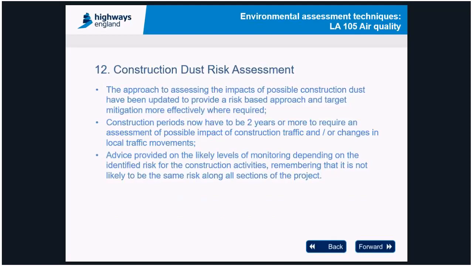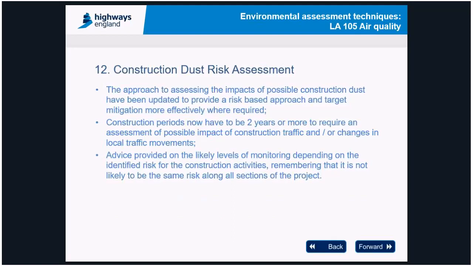Right. One other area that we've also done some work on, and we've had lots of questions over the last number of years, is around construction dust risk assessment. Historically, we've done a very simplified approach, which was pretty much draw a line 200 meters around a site and just comment on whether there are any key receiving features within that area.